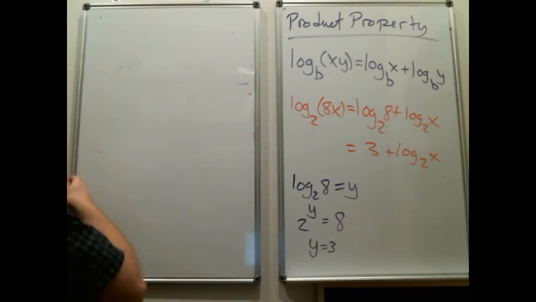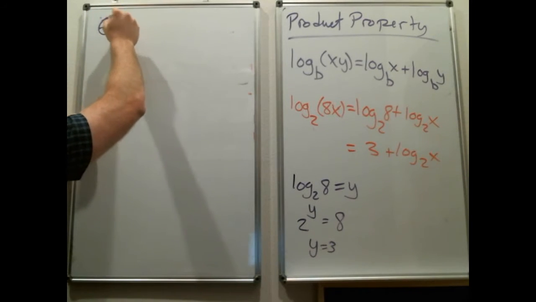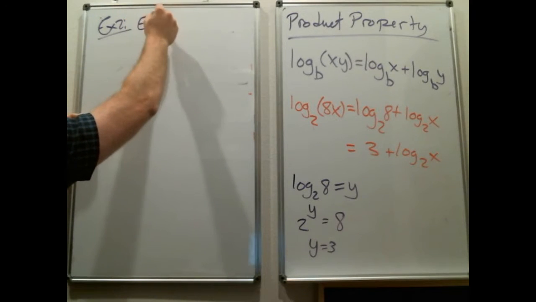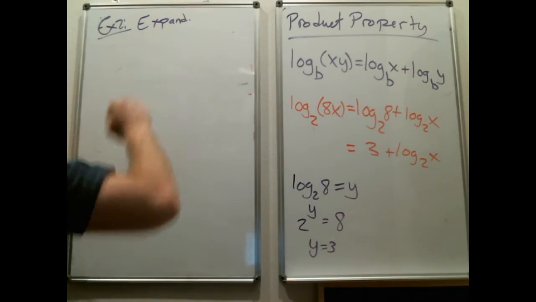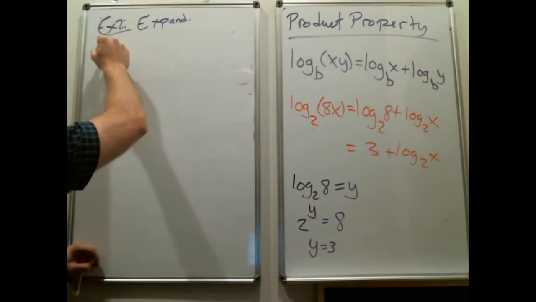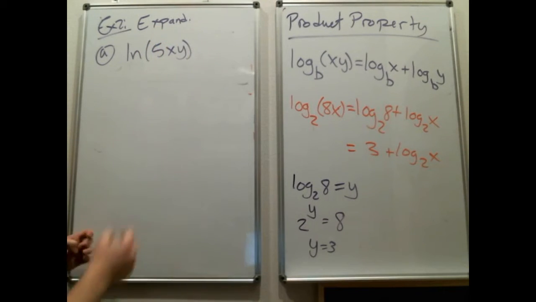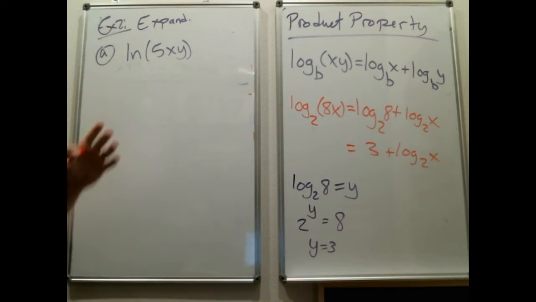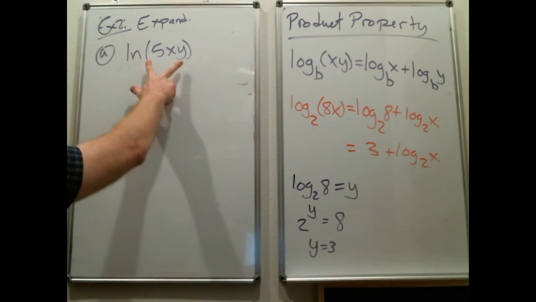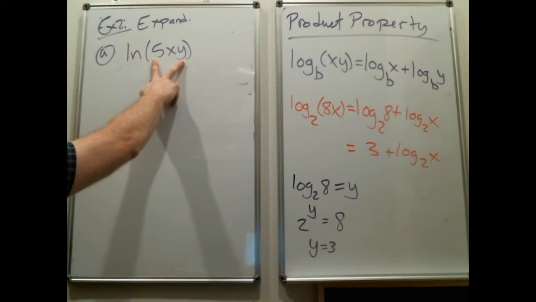And so let's look at a quick example 2, and I'm going to call it expand. Part A, natural log of 5xy. Remember, the natural log is the same thing as log base e. We just use ln as shorthand because it's one of those that we use a lot. What you need to notice here is that we're multiplying three things together: 5, x, and y.